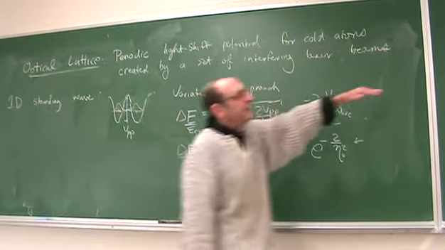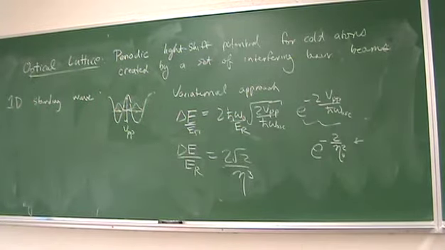So if I have a deep enough lattice, well then I will suppress the tunneling. But certainly as I get up into the higher energy bands, tunneling becomes much faster and the bands become much wider. In fact, we can solve the band structure for this problem quite easily.